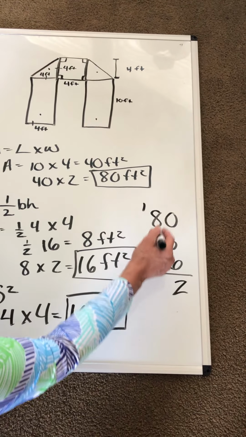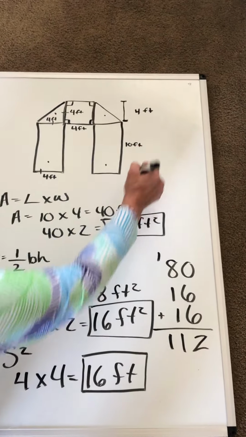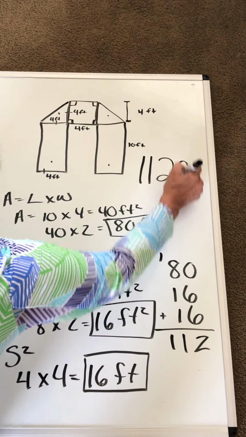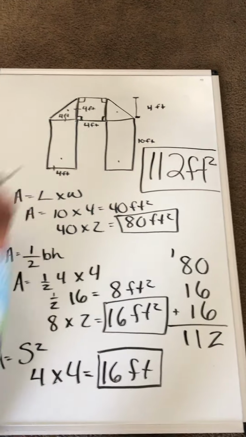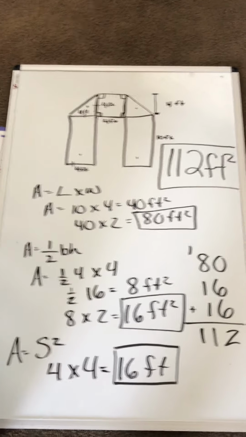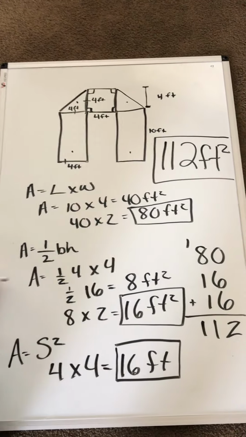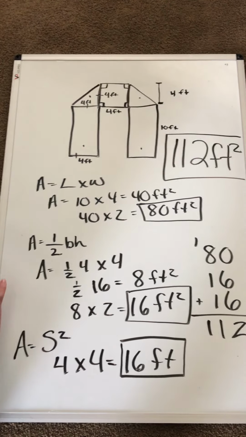Carry the 1, that's 9, 10, 11. So we get 112 square feet. That is the total area of that entryway. So Juanita needs to buy enough paint to cover 112 square feet. Okay?